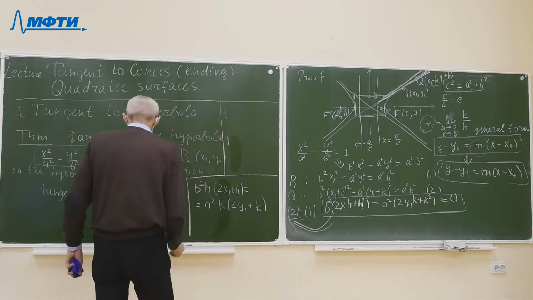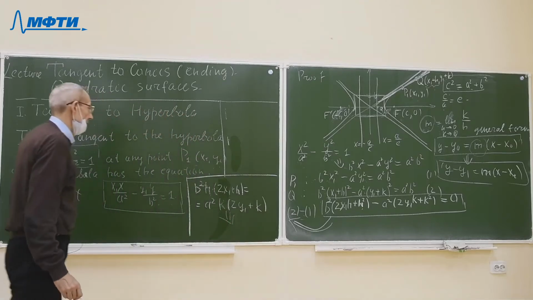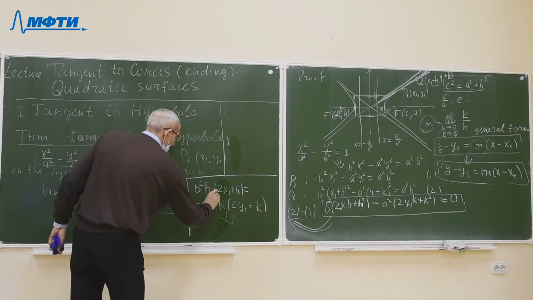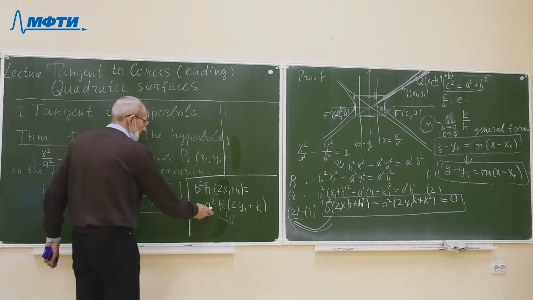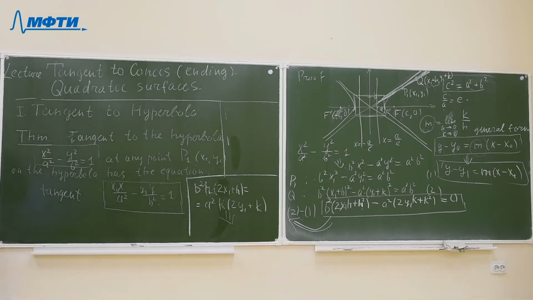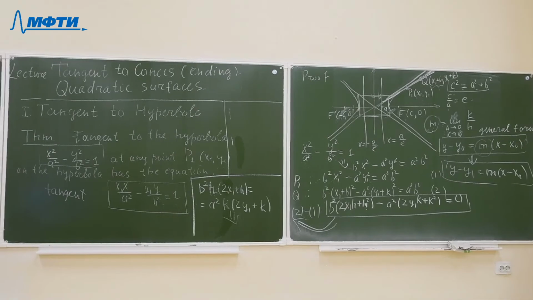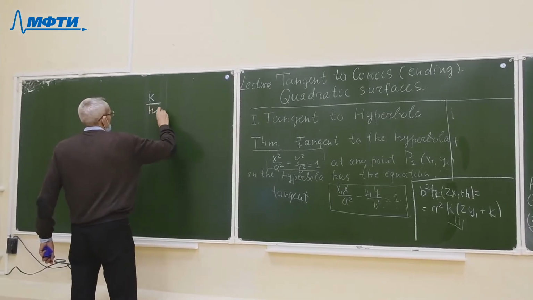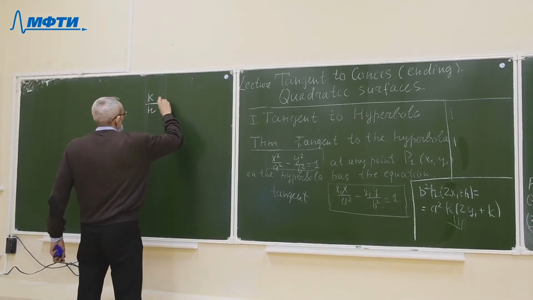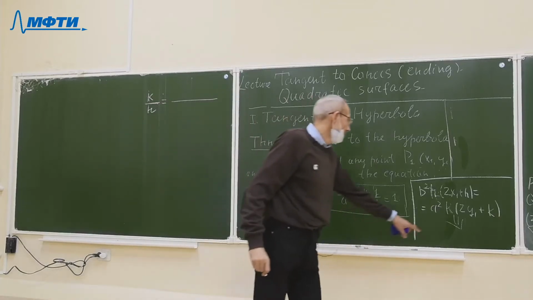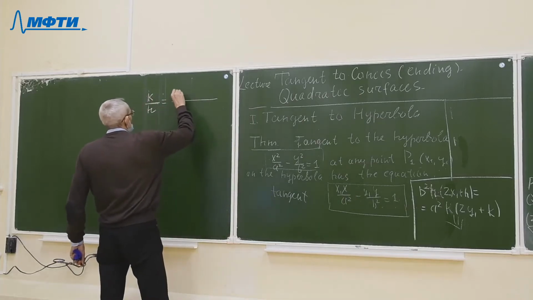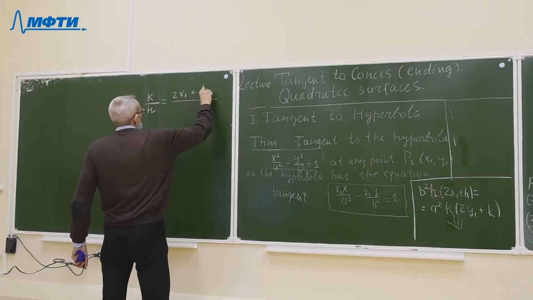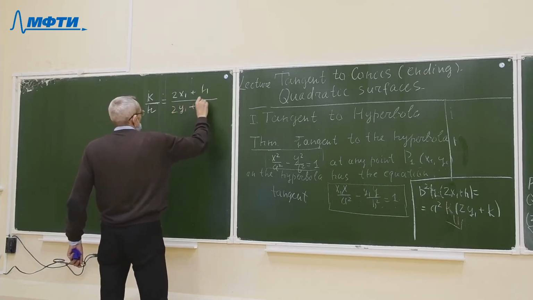From the last equality, we obtain that the ratio k to h is equal to the ratio b square times 2x1 plus h to a square times 2y1 plus k.